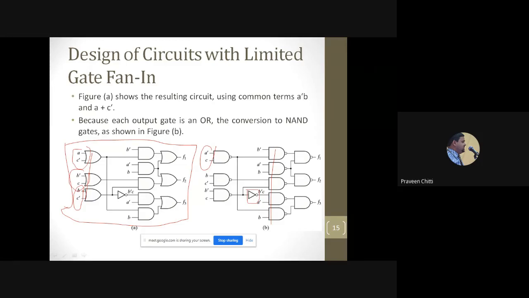Once you get that simplified expression, you can draw the circuit using AND, OR, NOT gates like this, and then translate that circuit into a NAND gate circuit, like you can use the multi-level technique of implementing the Boolean equation or the combinational circuit.